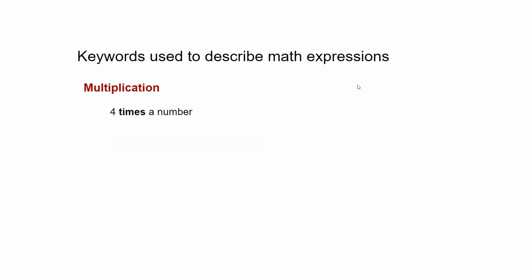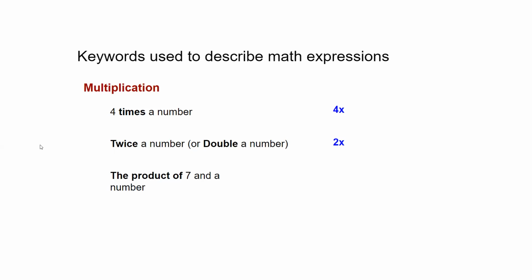Moving on to multiplication. 4 times a number. That's pretty easy. 4x. Twice a number or double a number would be the same thing. 2 times x. Twice or double just means multiply by 2. The product of 7 and a number. That's just 7x. That just means multiplication. 3/4 of a number.